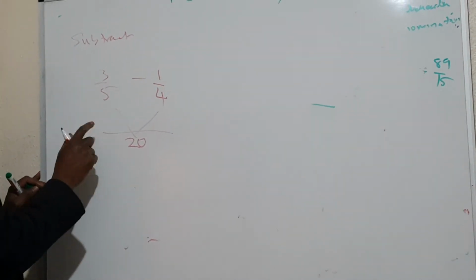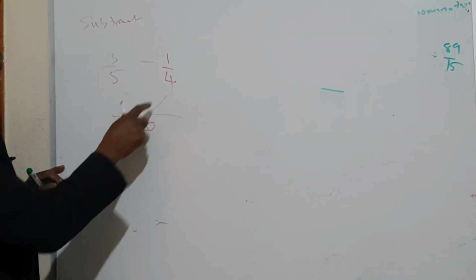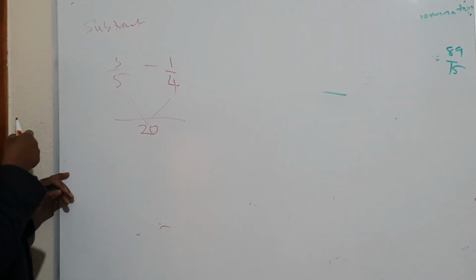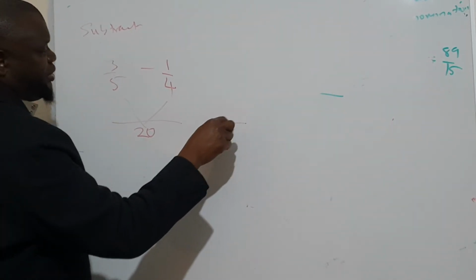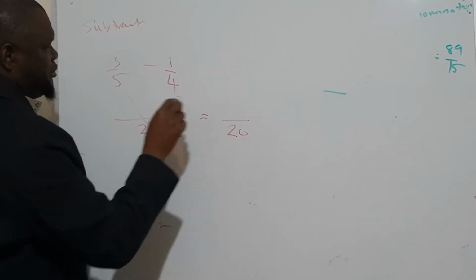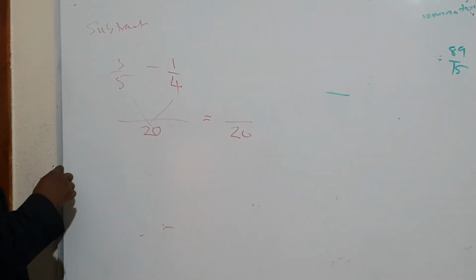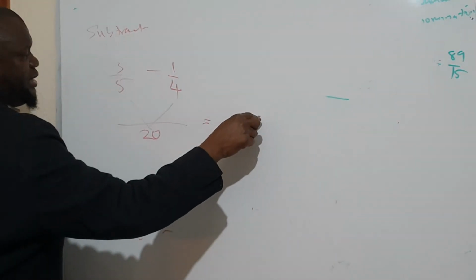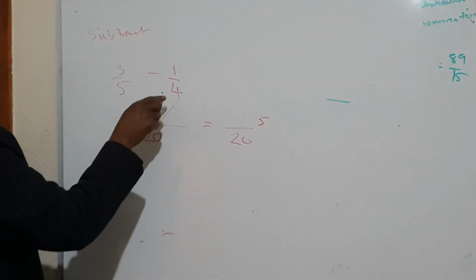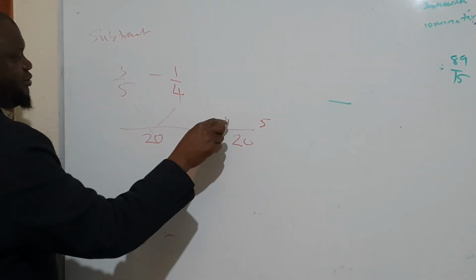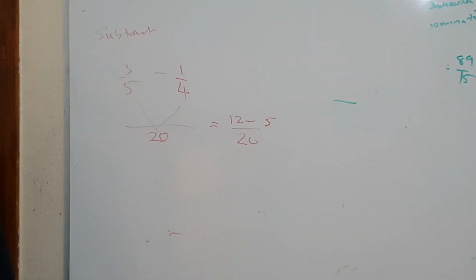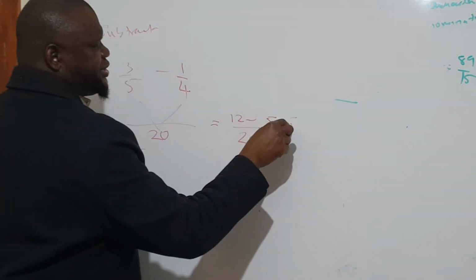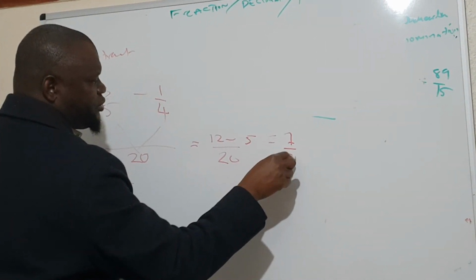The lowest common multiple, the number which 5 and 4 can go into, is 20. If we know that, we put our 20 down here. We can cross multiply. 5 times 1, that one you put here. 4 times 3, 12. So our answer is 7 over 20.